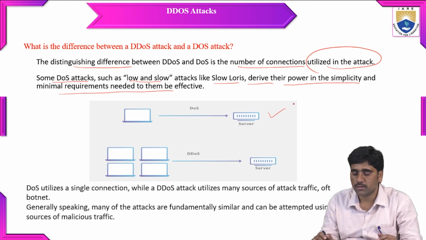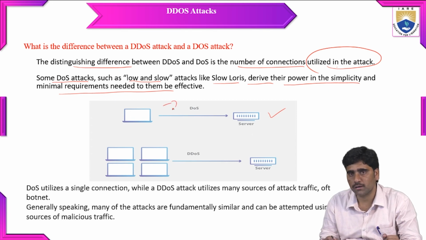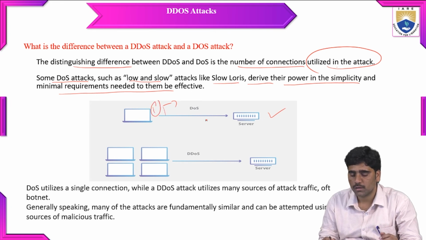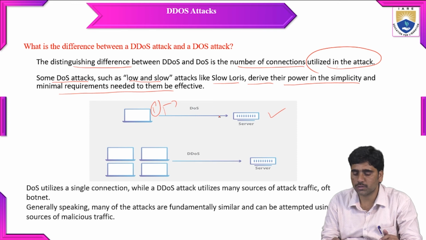So here, in the DoS attack, the number of connections or systems used is only one, a single system. Only one system can be utilized by the attacker to target the server.